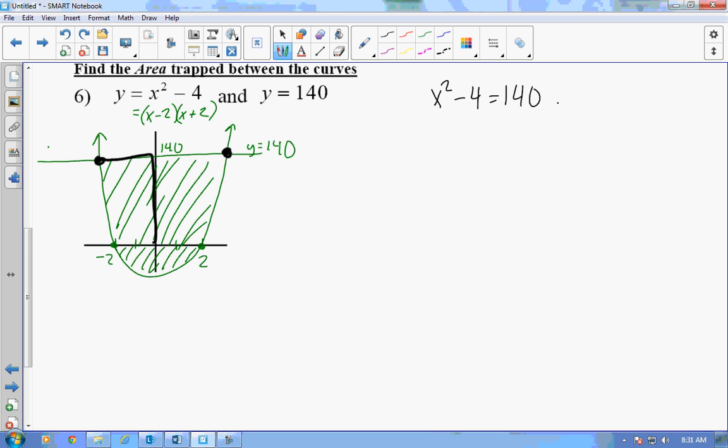Once you have those, evaluate the integral from the lower and upper limits that you found.